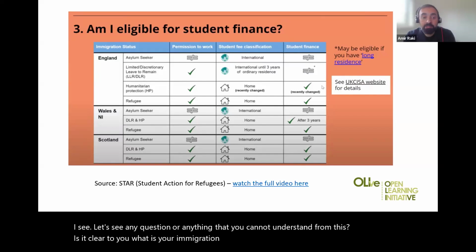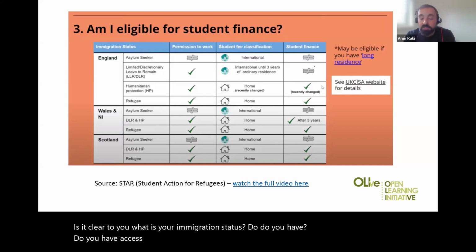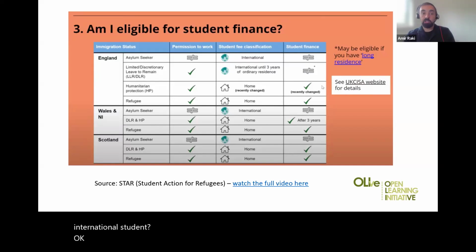Do you have access to student finance or not? Whether you're a home student or international student. Okay, good. I understand there are some people here.